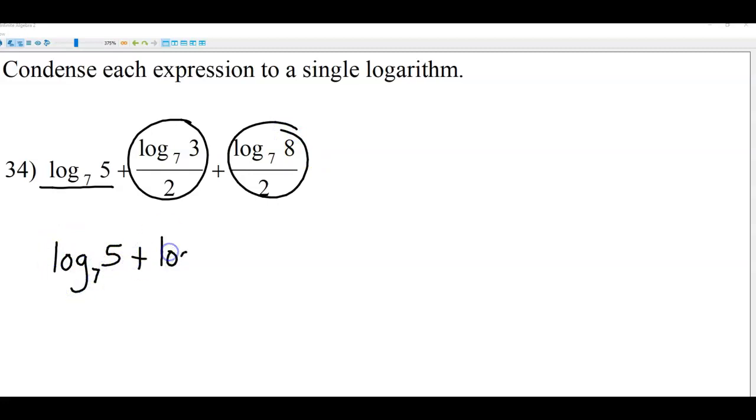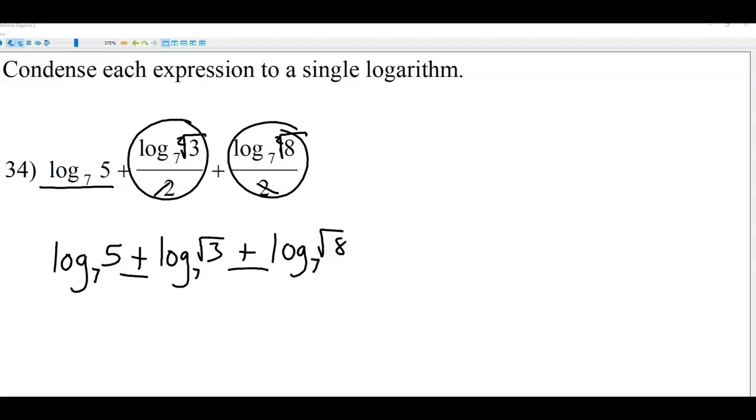Both of them are going to become a square root of, so we have square root of 3 and a square root of 8. Now notice all of these are pluses, so all those are going to go in the numerator together. There's no denominator. We won't have any denominators because there's no minus.